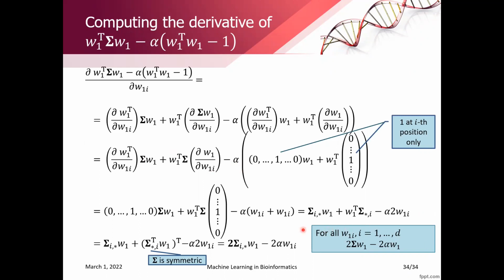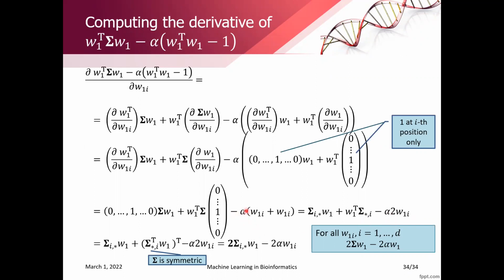So this is what is computed by the ith row of the covariance matrix sigma times the vector W sub 1. And similarly, W sub 1 transpose times the ith column of the covariance matrix, but we know the ith column and ith row of the covariance matrix are the same because it is symmetric.